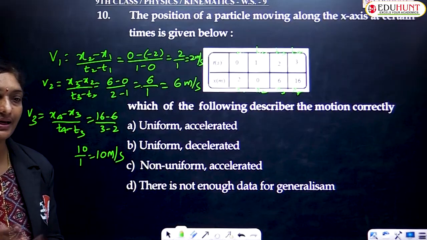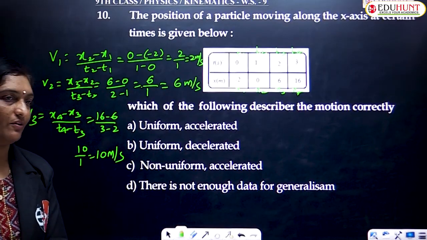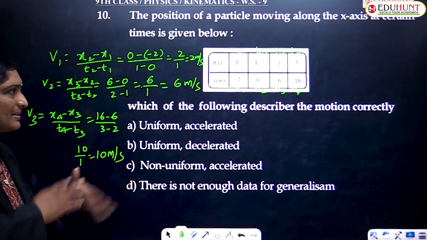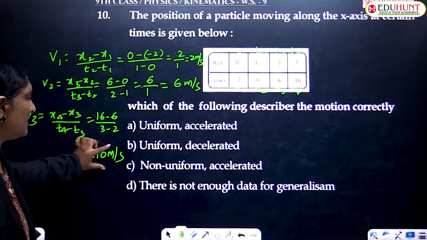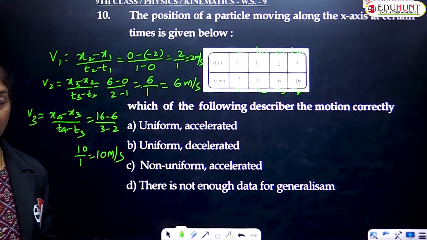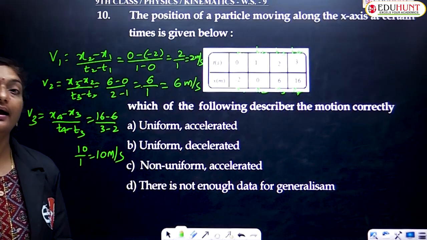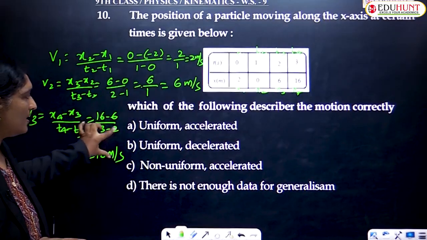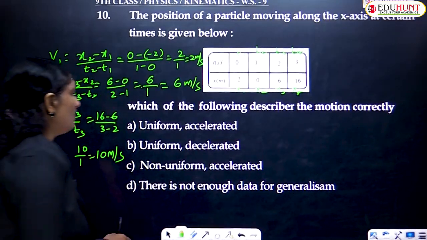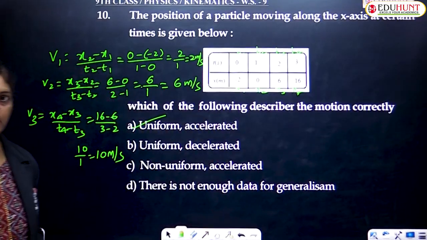Whenever equal changes are brought in the velocity, the acceleration is uniform. If the velocity gap is different, here it is 4 meter per second, and there it is some 6 or 7 meter per second, then we can say that it is a non-uniform acceleration. But here it is uniform. Here the gap is 4, here also the gap is 4. Hence, we can conclude option A, uniformly accelerated motion.